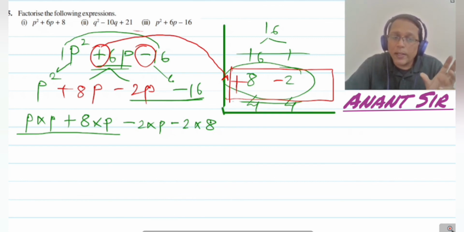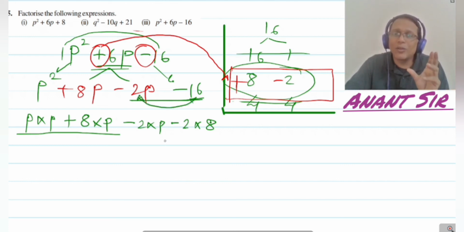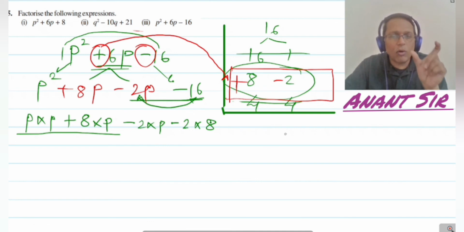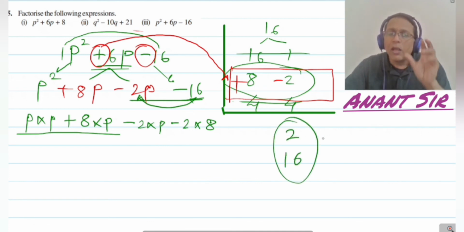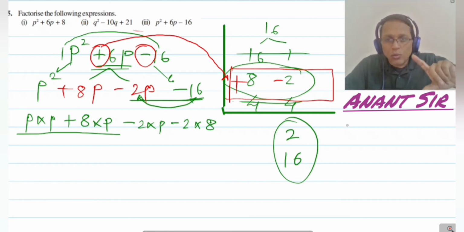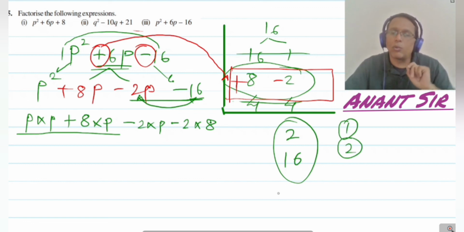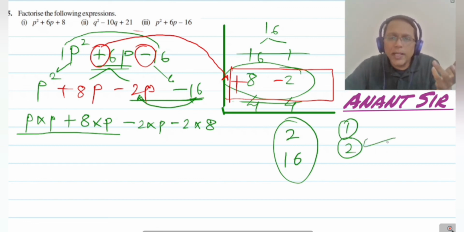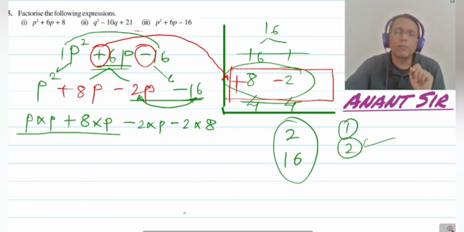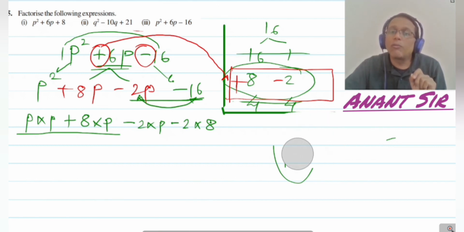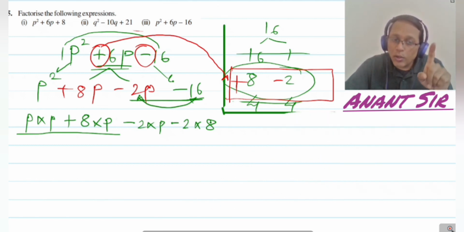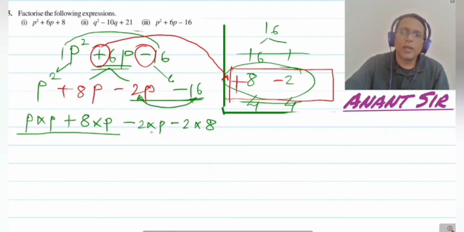Because what is common in the last two terms is 2, which I can take common, right? Not 4. Whatever the last two terms, 2 and 16, we have to see which is the biggest number which can divide both. So 1 can divide both, 2 can divide both, right? So 2 is the biggest number which can divide both. So we have to use the table of 2 only. So don't write 16 as 4 times 4.